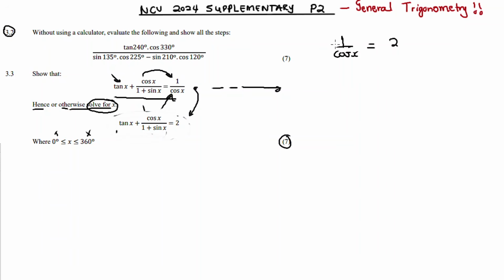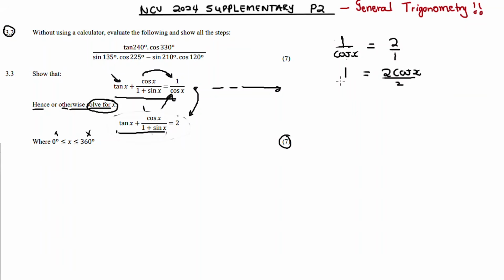So simplified, the left hand side is now 1 over cos x, divided by 1, cross multiply, then you solve for x. 1 times 1, that's 1, equal to cos x times 2, that's 2 cos x.